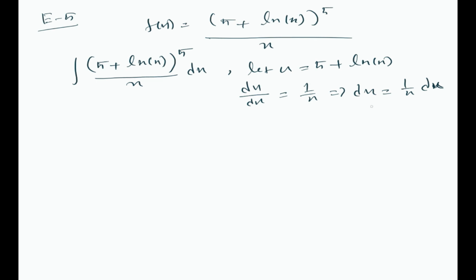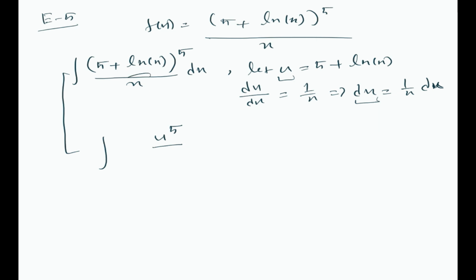So now we have du, we have u, and we can rewrite our integral function. So the integral of u to the power 5, and you know our du is equal to 1 over x dx, right?